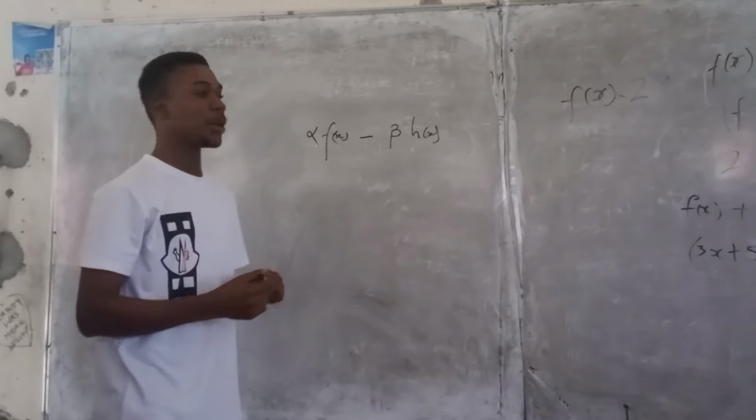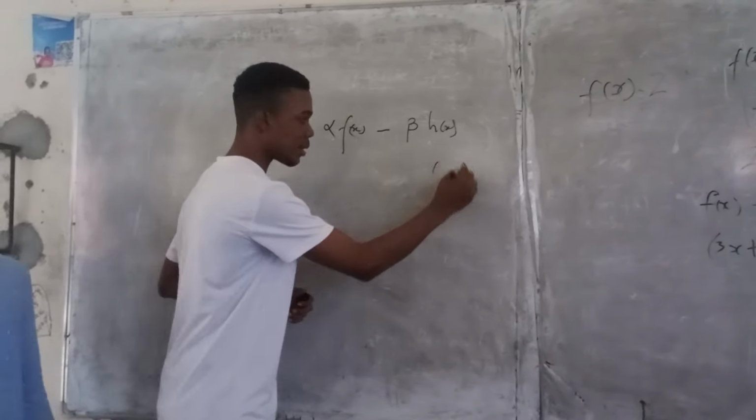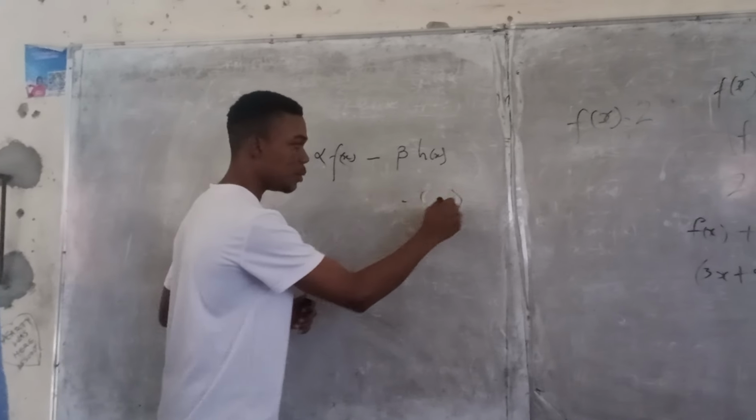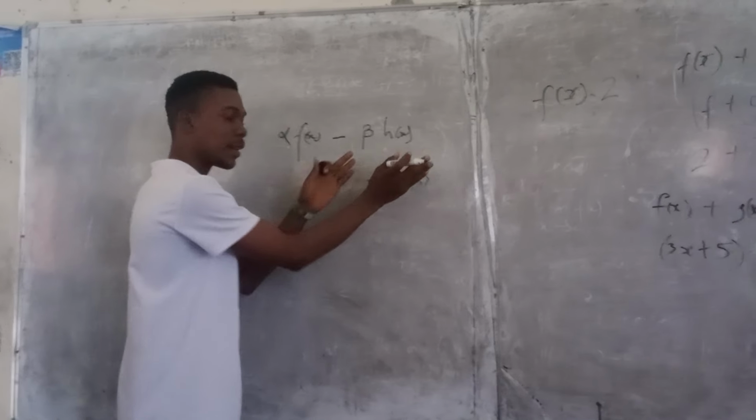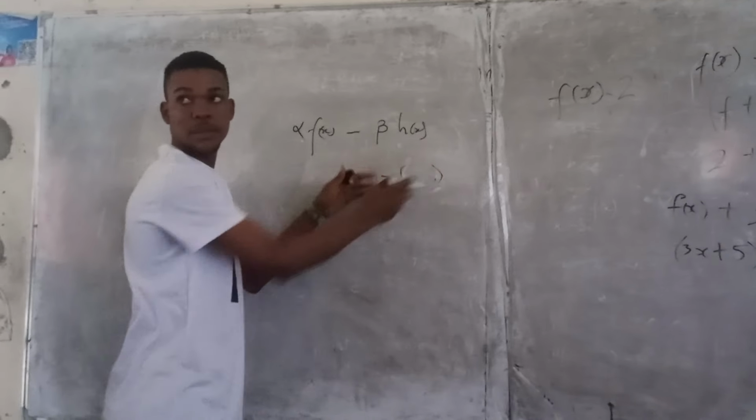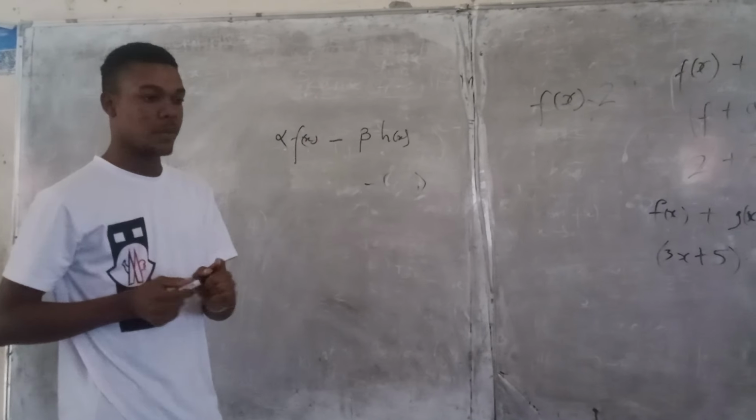Why? Because they are all in bracket. So if there is no bracket, it affects only the value here. But since all the values are in bracket, the minus sign affects everything there. Yes, I like that.